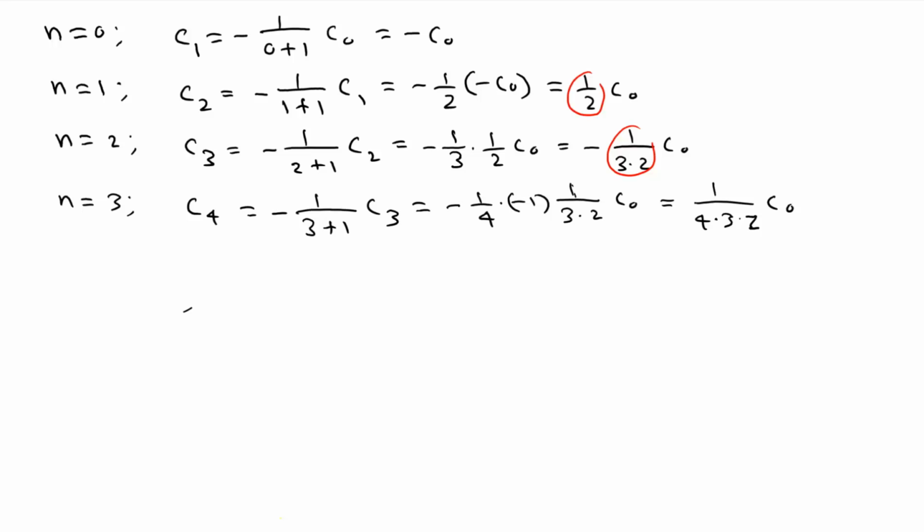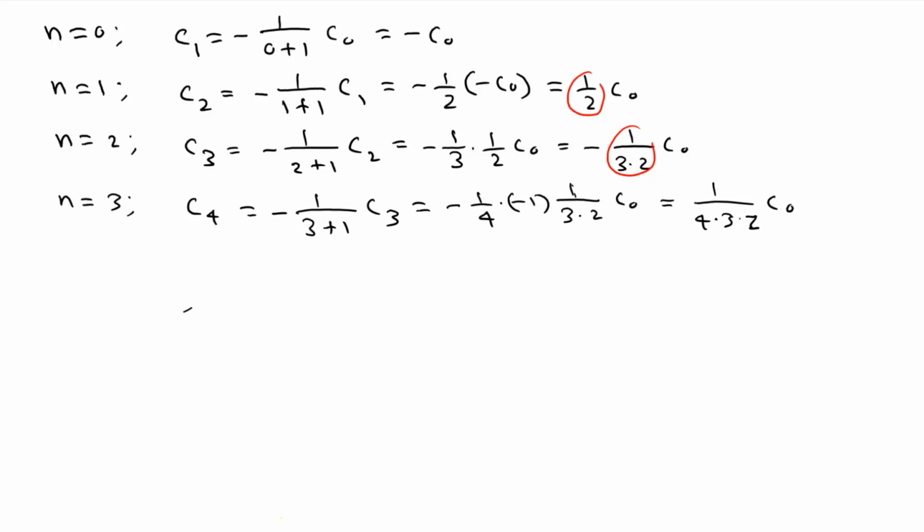That's what you get, and you can see there's a nice pattern here. If n is even, it is a positive term. If n is odd, it's a negative term. So you can see some kind of pattern.